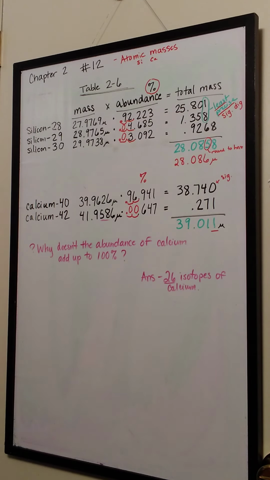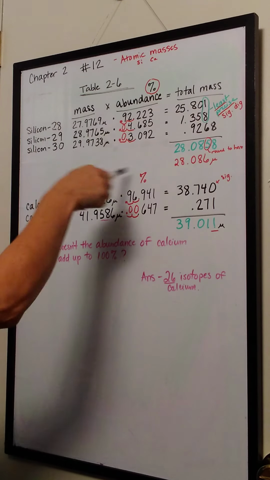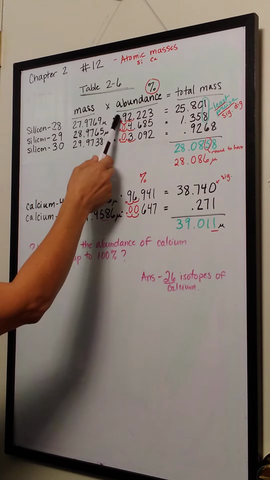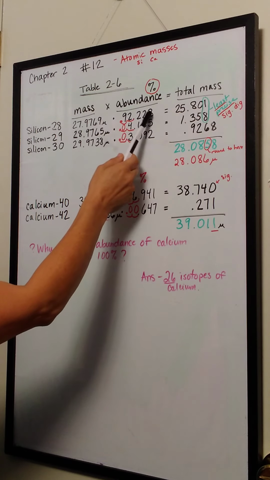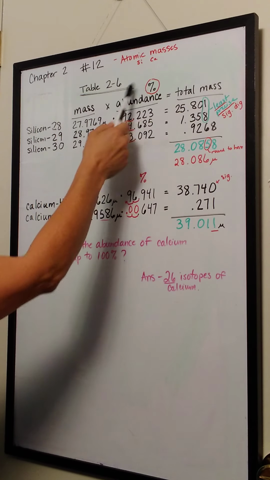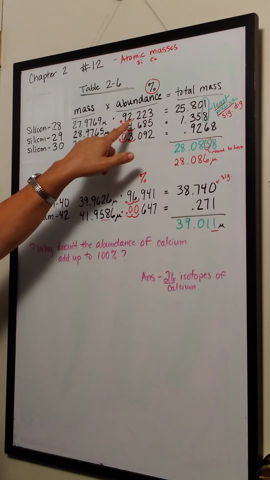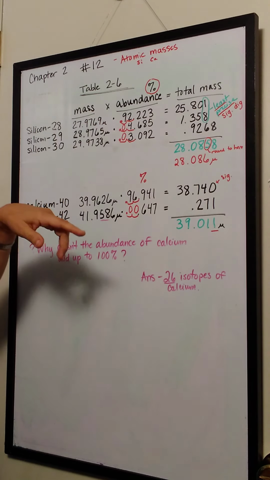And I think the confusion that someone was asking me about where the decimal point was comes from this idea of abundance. So in the table, it's listed as 92.223, but at the top it says this is a percent. So it's 92%, 0.223.